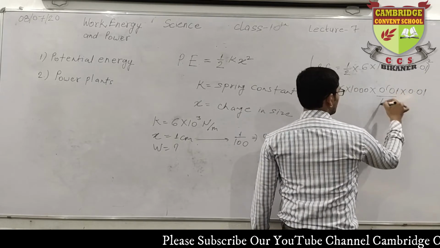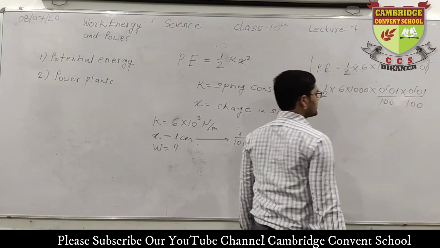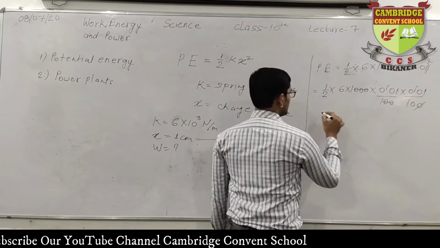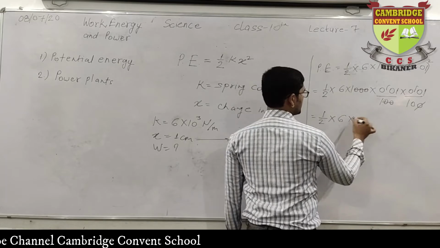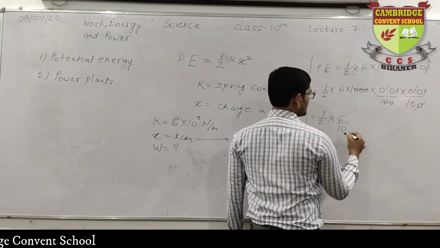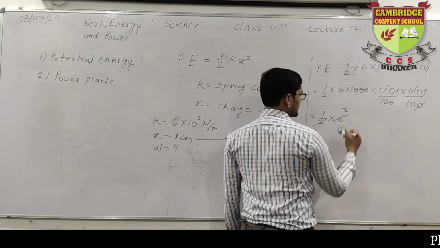Point removed, 100. Point removed, 100. 3 zeros are cut. Now we have left 1 upon 2 into 6, and below there is 10. Solve this. 2 will be cut by 6, it's 3.